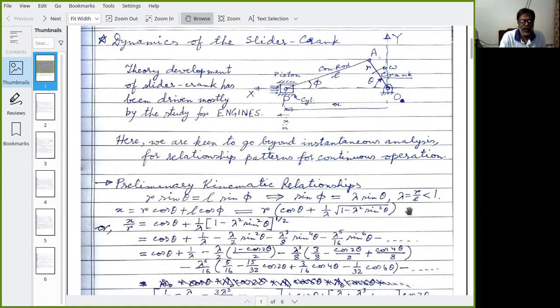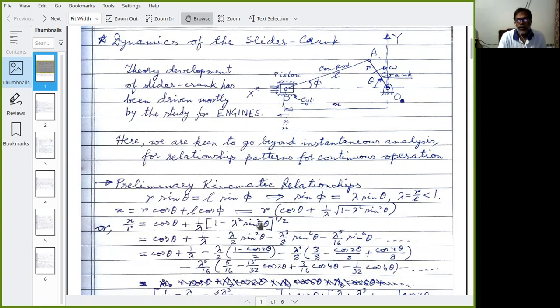The rest is straightforward. Since now we will be simplifying this bracketed expression, it's easier to get rid of this r, open the bracket and do the analysis cleanly. So we throw the r on this side and say x by r is equal to this. The square root has been represented as power half.